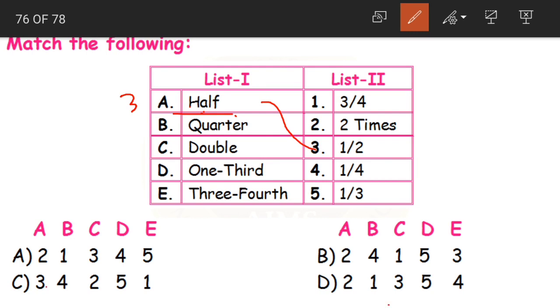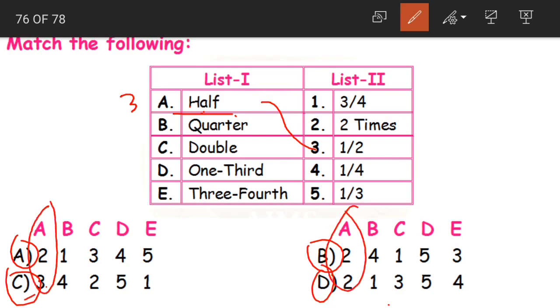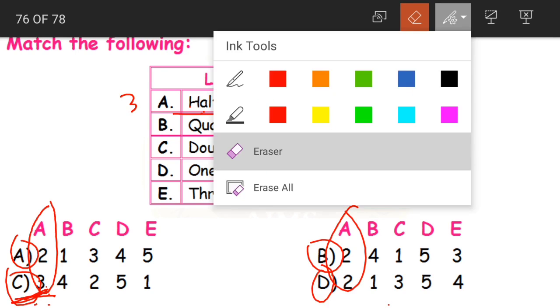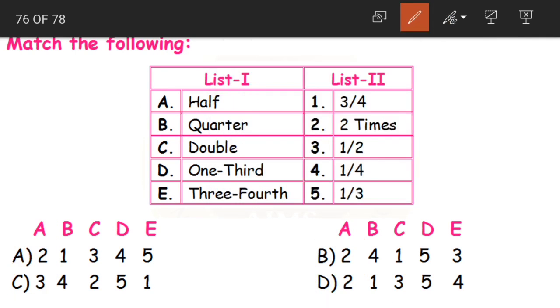Now if you look at the given options A, B, C and D, in those 4, only option C has 3 for A. So we can say directly, even without solving the remaining ones, that C is our correct answer. Okay, half means 1 by 2, A is 3. So only C has 3 for A. So option C will be our correct answer.